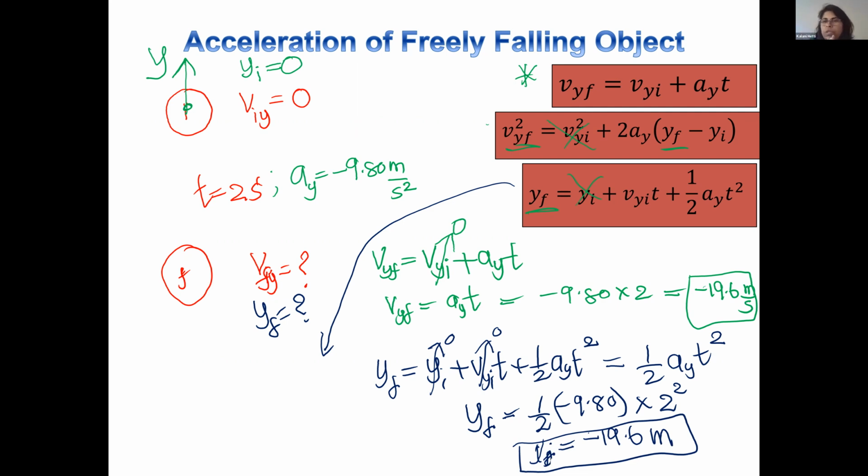So that's how you solve the problem. The only important information: after every second, your velocity is increasing by 9.8 meters per second, but displacement is not like that. Displacement has a parabolic behavior that does not have that kind of relation. You need to write the equation and solve it.